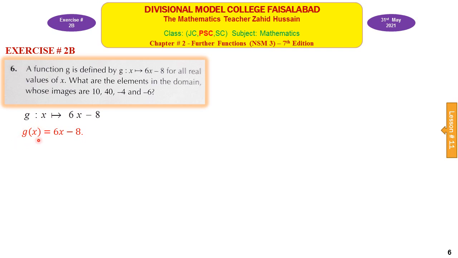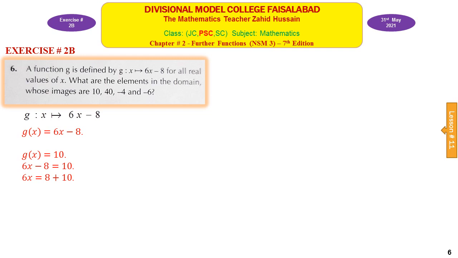Now the value on the left hand side is given as 10, that is g of x is equal to 10. We need to find the value of x which is put in this function to get this 10. So g of x is 6x minus 8. Put 6x minus 8 equal to 10 and solve this for x.